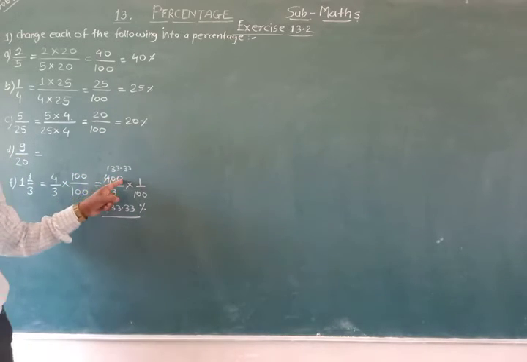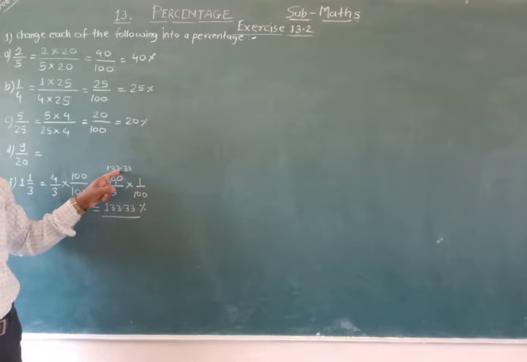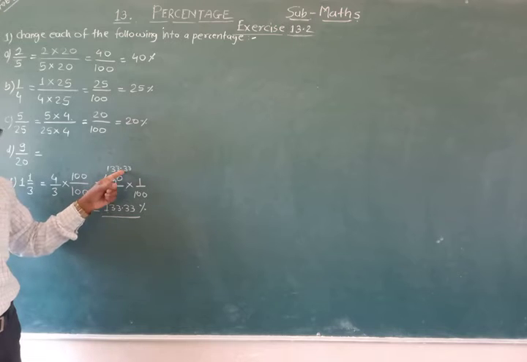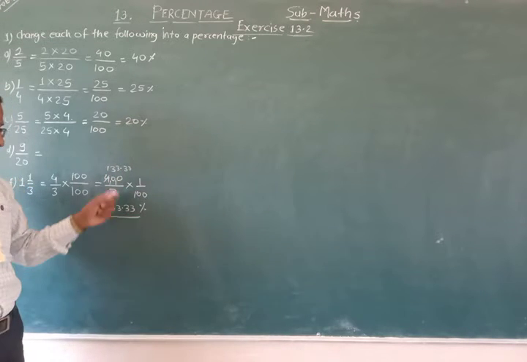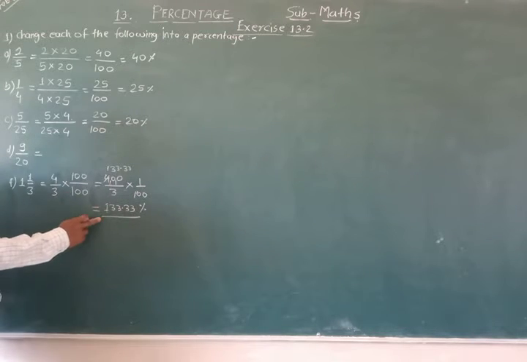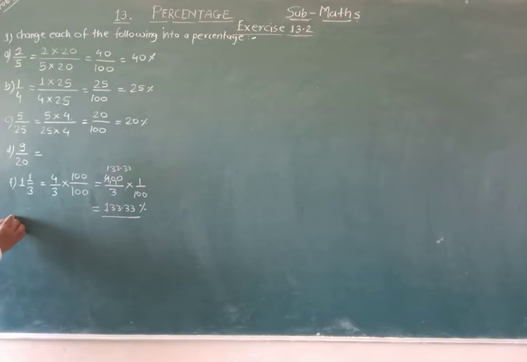Again write 0, making 10; 3 3s are 9, write 3, and 10 minus 9 is again 1. But 3 dividing 1 is not possible, so you take a decimal point and continue dividing up to 2 decimal places. So your answer is 133.33 percentage.